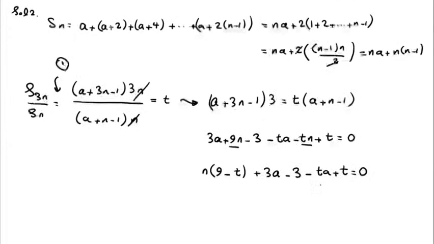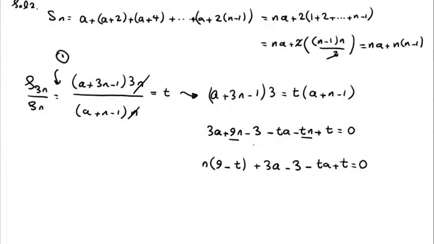So here we can conclude that because it is correct for all n, it is a polynomial in terms of n with degree 1. If it is correct for more than the degree, it has infinitely many roots, so all coefficients should be 0. So this is the coefficient of n, and this is the constant term. So 9 minus t has to be 0, so t will be 9.